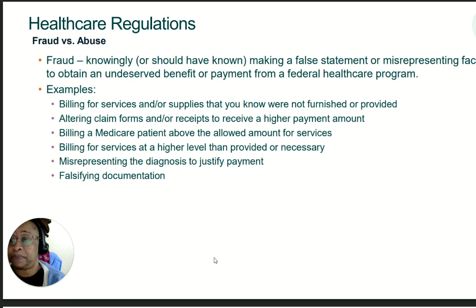Examples are billing for services and or supplies that you know were not furnished or provided, altering claim forms and or receipts to receive a higher payment amount, billing a Medicare patient above the allowed amount for services, billing for services at a higher level than provided or necessary, misrepresenting the diagnosis to justify payment, and falsifying documentation.